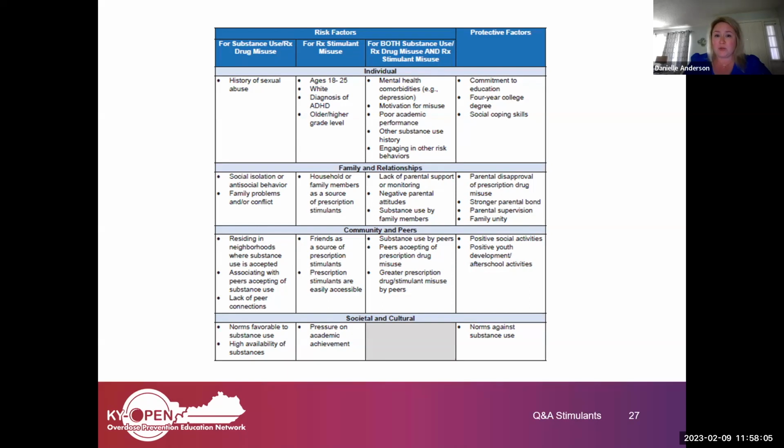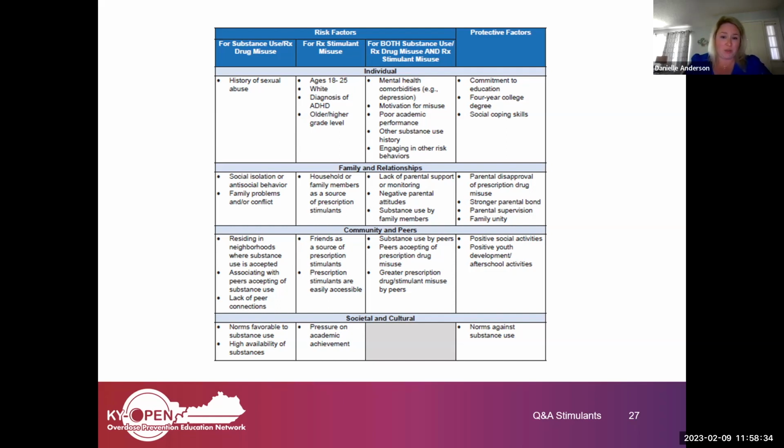For prescription drug misuse and prescription stimulant misuse at the individual level, we see mental health comorbidities like depression, motivation for misuse, poor academic performance, and engaging in other risk behaviors. We see another risk factor with family and relationships: lack of parental support, negative parental attitudes, and substance use by family members, which I think we see a lot.